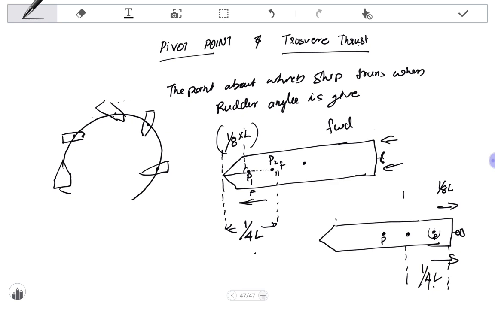Now, whenever we give a propeller movement, what will happen? This is our ship. For example, a clockwise propeller, that means the propeller will turn like this, right? So what will happen when you give an ahead movement?